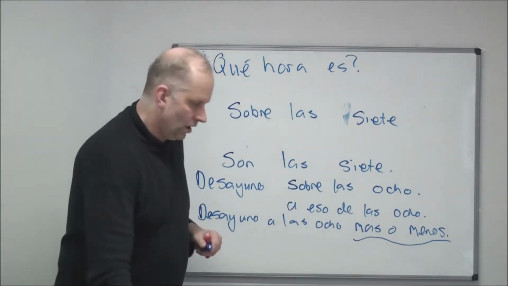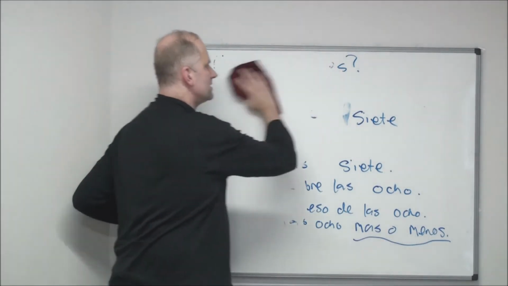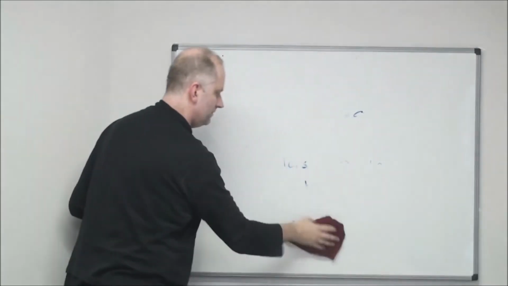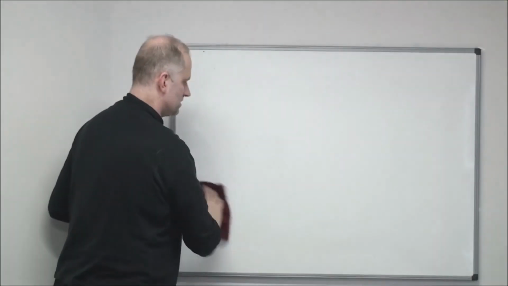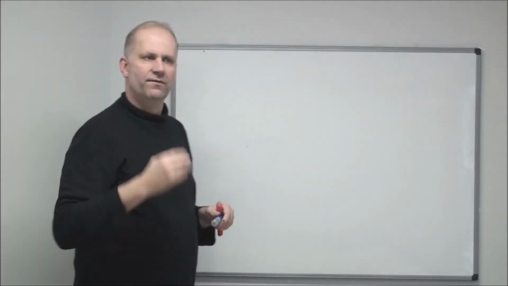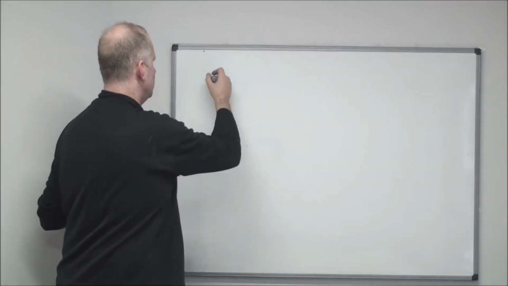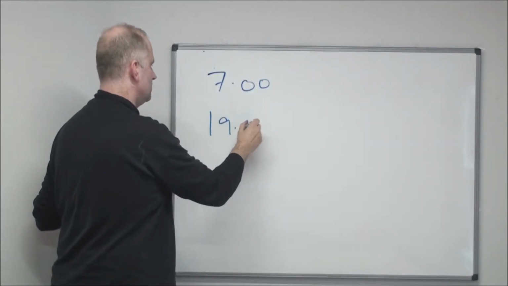What we're going to do now is look at not only saying the time, because if you say 6 o'clock, that could be 6 a.m. or 6 p.m. So we're going to look at how to say that in Spanish. So 7 o'clock could be like that, or it could also be like 1900 hours.